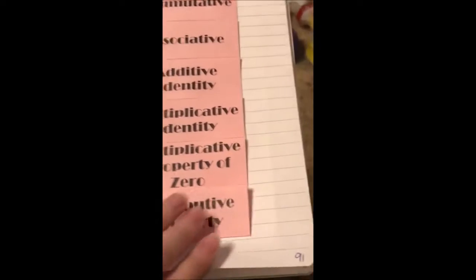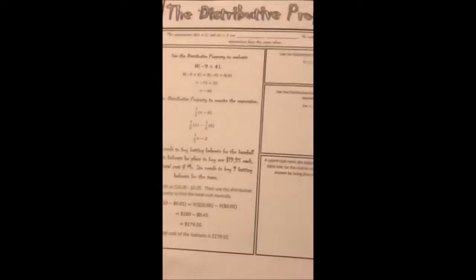Page 90 is properties of operations. Page 91 should have the pink foldable. Page 92 is the distributive property. Page 93 is left blank. Page 94, simplify algebraic expressions. Page 95 is left blank.